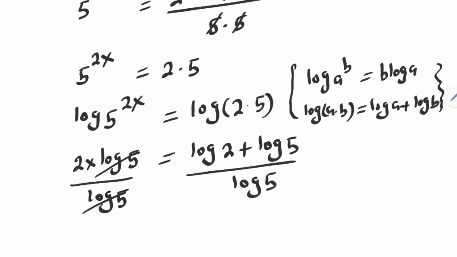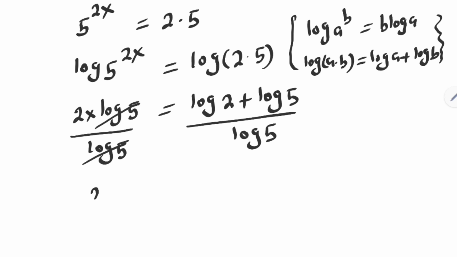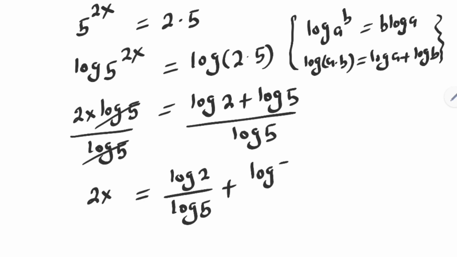This log 5 cancels this log 5. 2x is equal to, we can split this, we have log 2 over log 5 plus log 5 over log 5. This log 5 cancels this log 5.